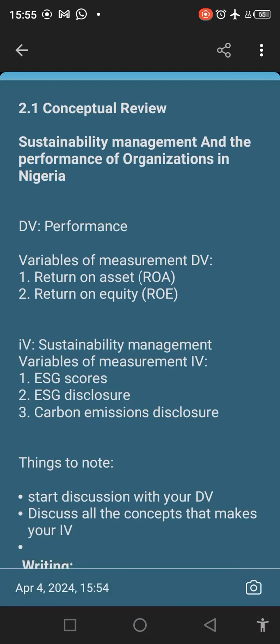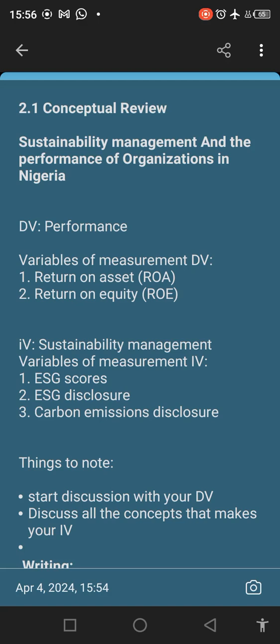So these are the things that make up the concepts that I will be discussing in my chapter 2. Now, in order to discuss them, there are things we need to follow. There are things we need to know while discussing our conceptual review.